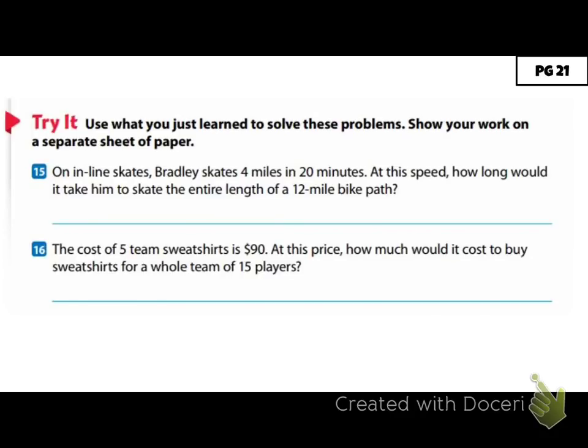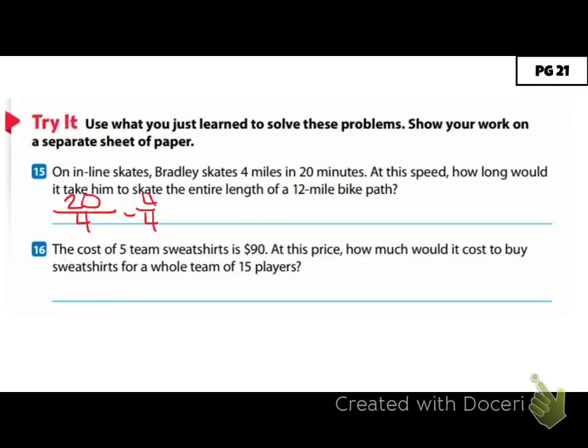Okay, so number 15 says, on inline skates, Bradley skates 4 miles in 20 minutes. At this speed, how long would it take him to skate the entire length of a 12-mile bike path? So we need to set up our ratio. So we would do minutes to miles, which is 20 over 4. Then we find our rate.